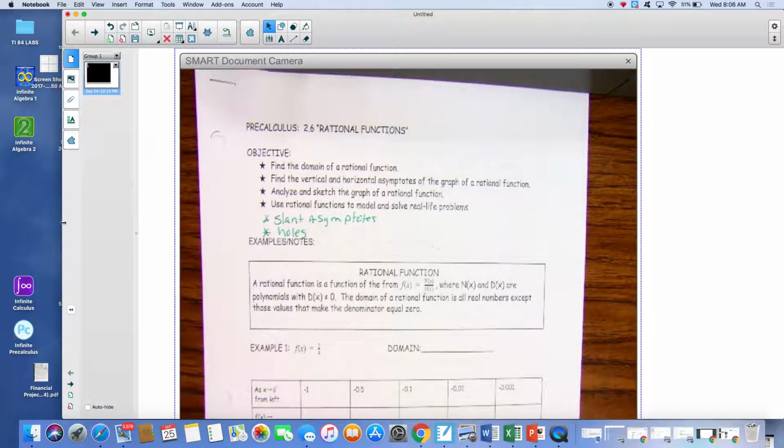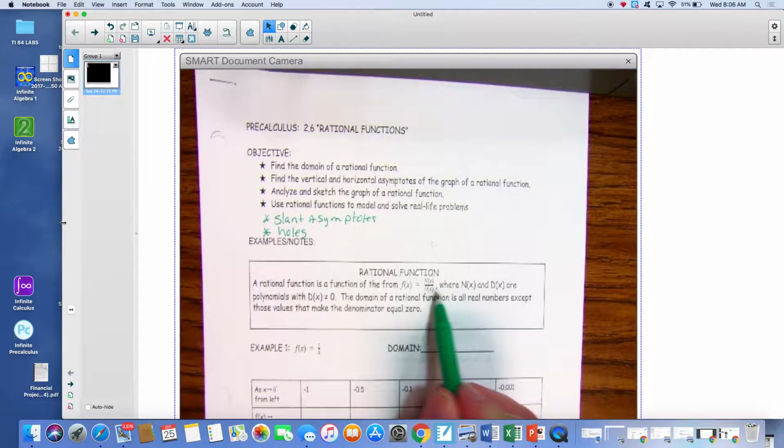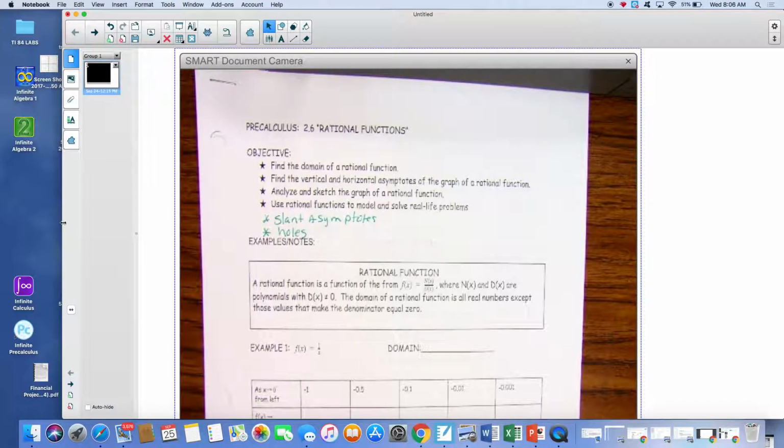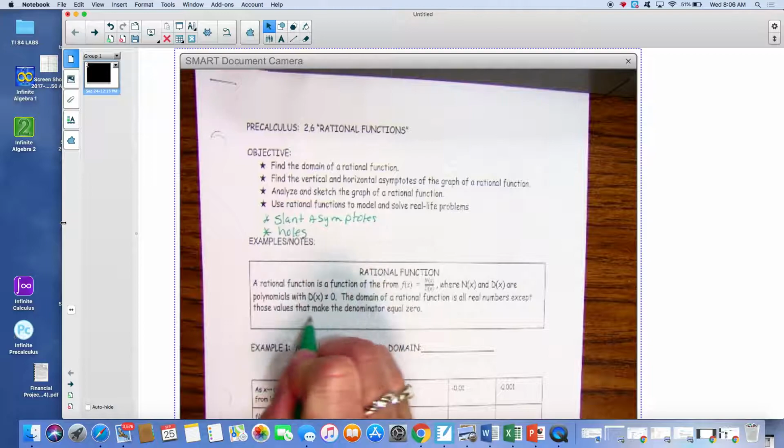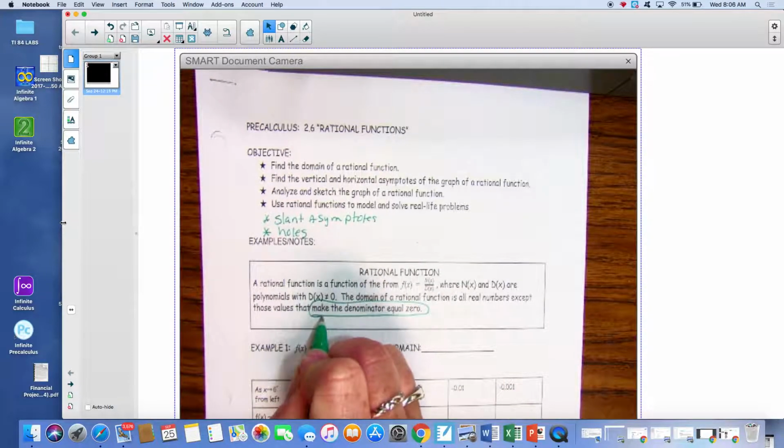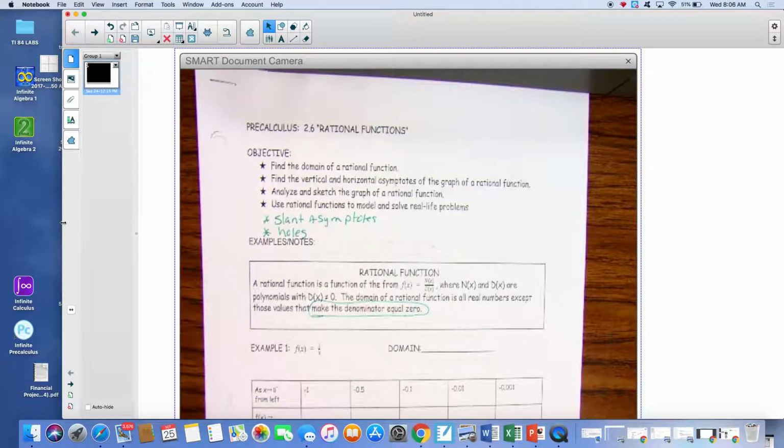So a rational function is going to be something that looks like a fraction, N(x) over D(x). The domain is all reals except those values that make the denominator 0. Because why? Because we can't divide by 0.